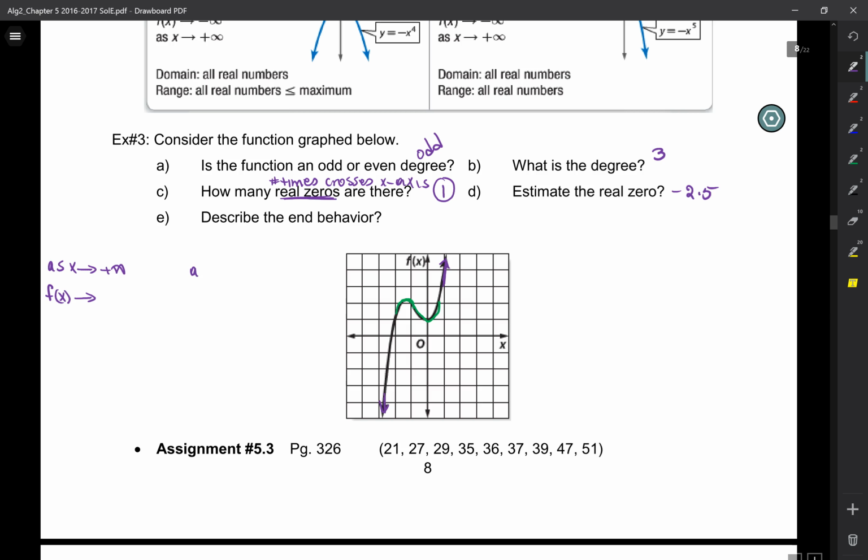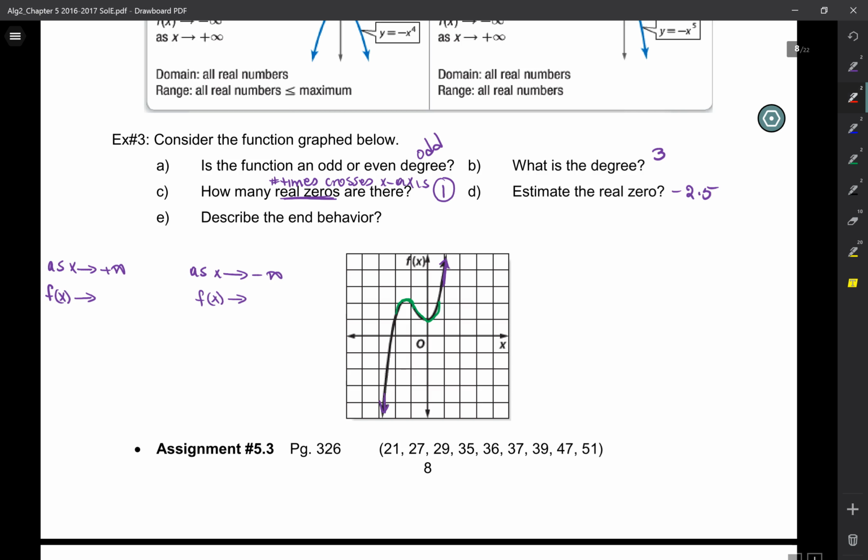And then as x approaches negative infinity, f of x approaches some blank that we're going to fill in. Every single question with end behavior is going to have all of these, identical as you see here. The only difference is going to be what we fill in.